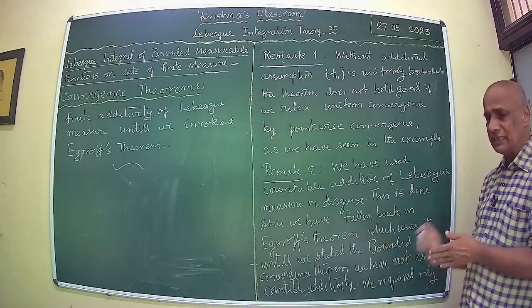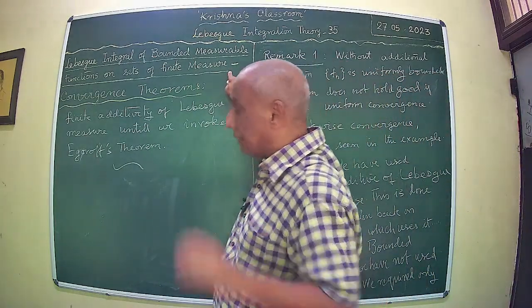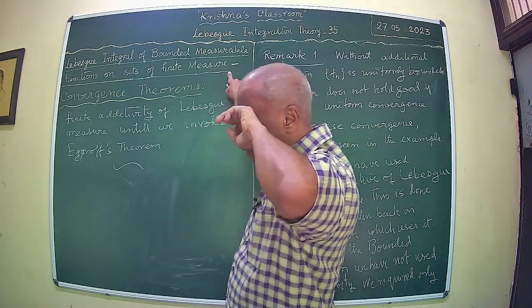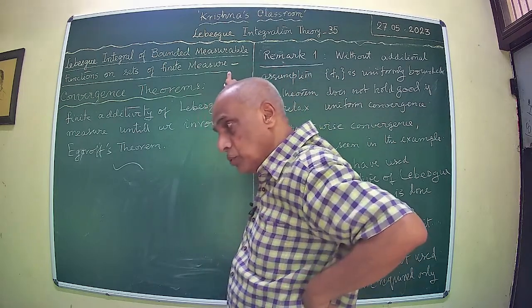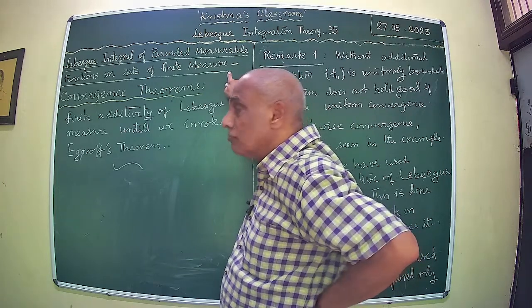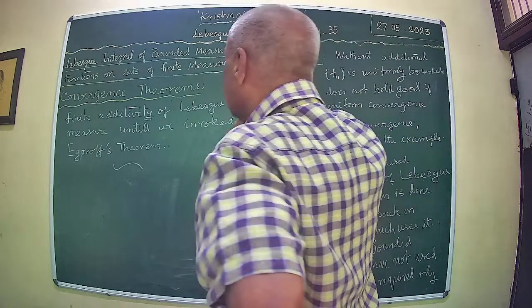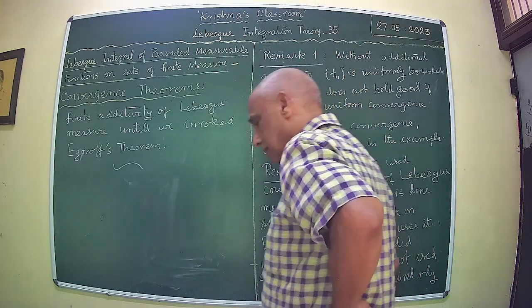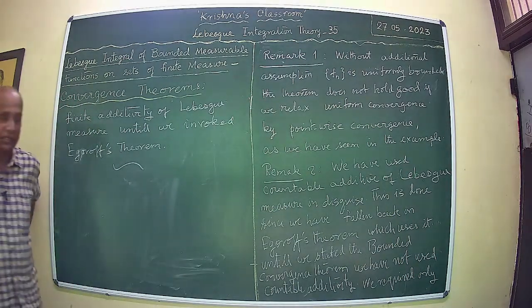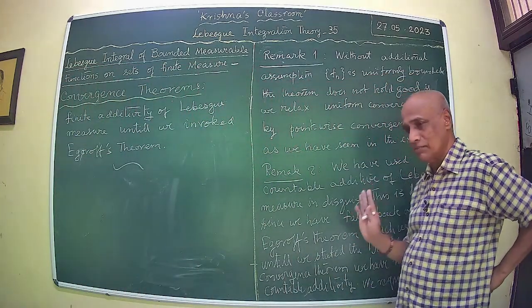Each time, the problem of introducing the Lebesgue integral for bounded measurable functions on sets of finite measure has been reduced to the use of the Lebesgue integral for simple functions on sets of finite measure by invoking the power of the simple approximation theorem. Okay, so that's something that has to be followed.